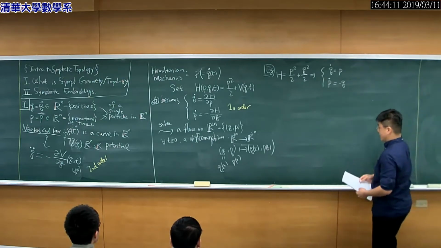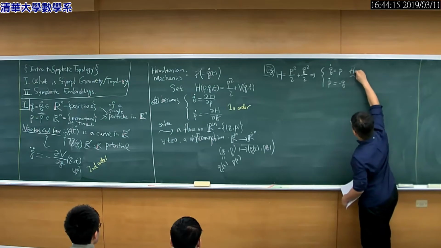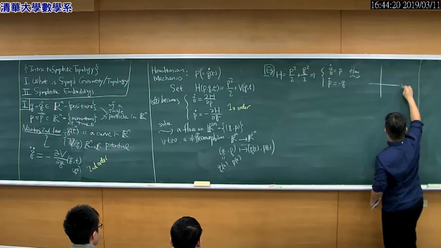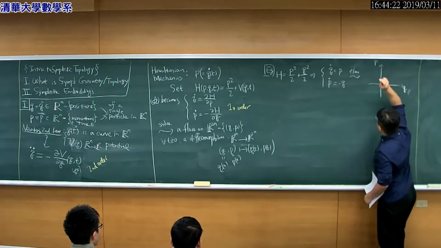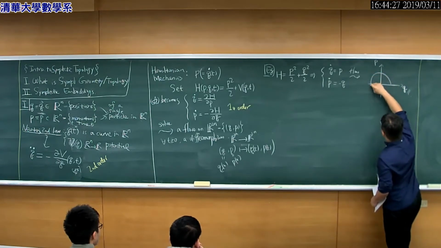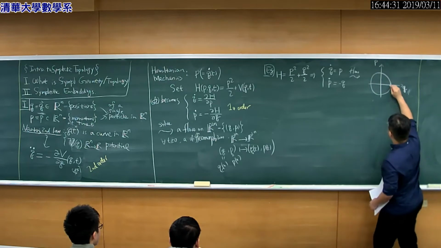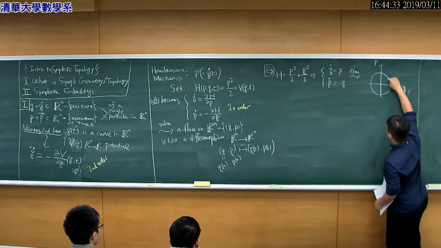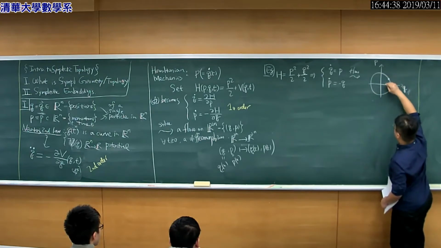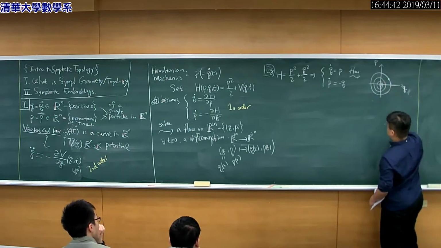It's very easy to see that the motion, the flow of this equation, is actually, let's say this is Q, this is P, just a circle. It's just a loop. So you start at different initial configurations and you get a full loop. Every orbit turns out to be periodic.